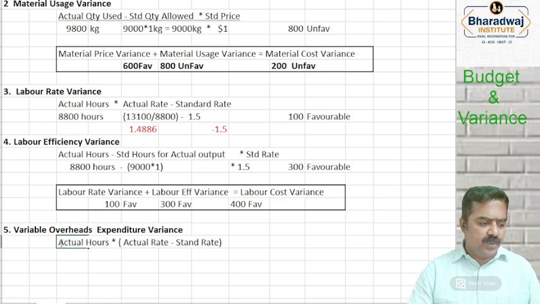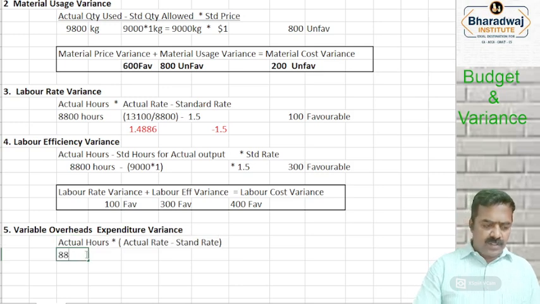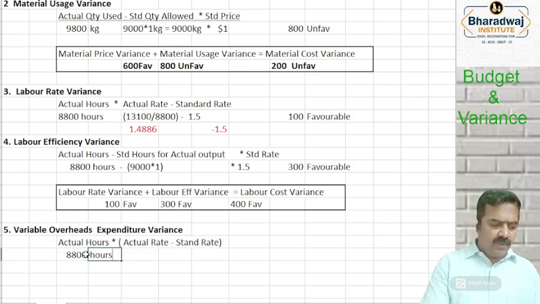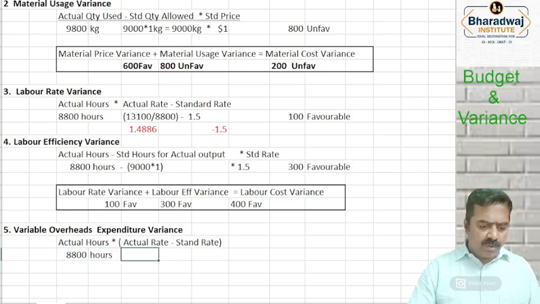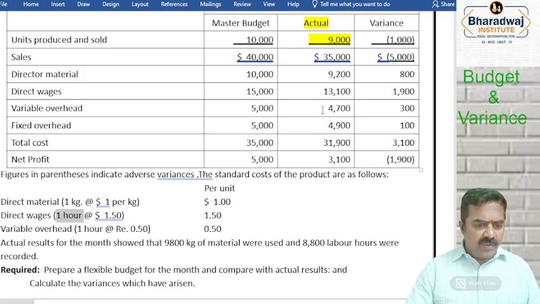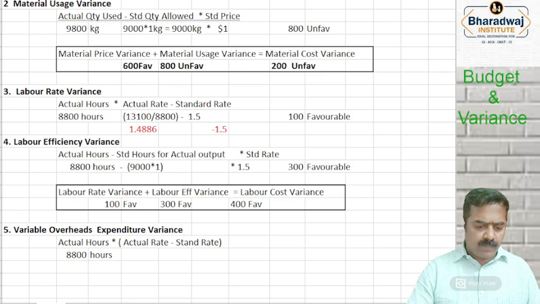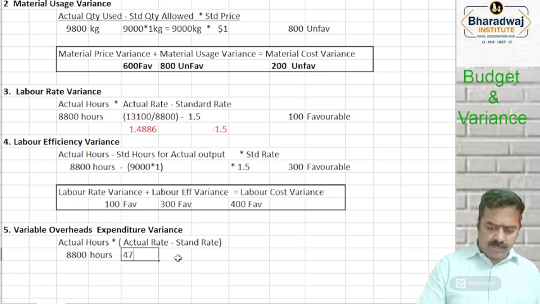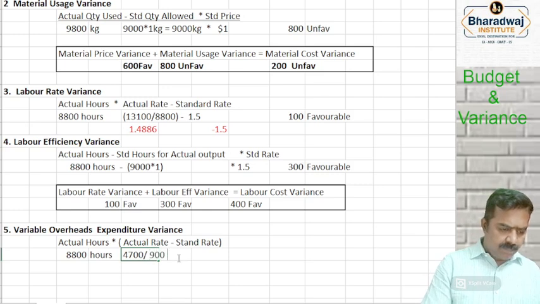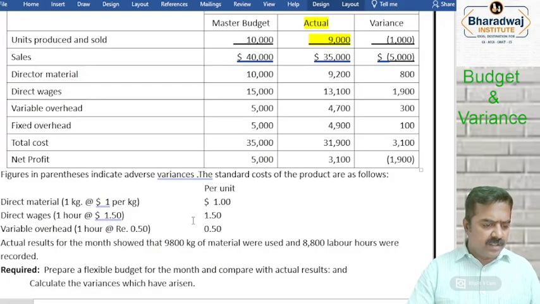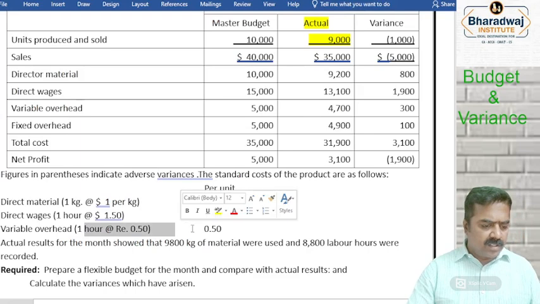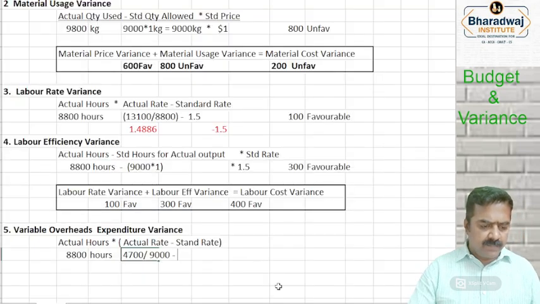Actual hours into actual rate minus standard rate. What is the actual hours? 8,800 hours actually we worked. Actual rate, how to work out, sir? Simple. Actual rate, variable overheads, 4,700 is for 9,000. This will give us actual rate. Minus standard rate, which is given in the question. What is the standard rate per hour? 0.5.